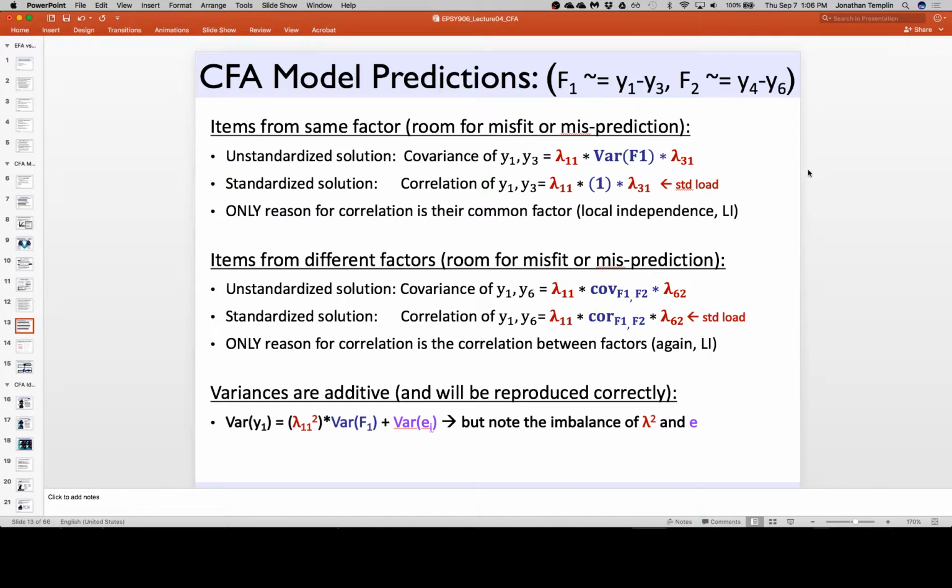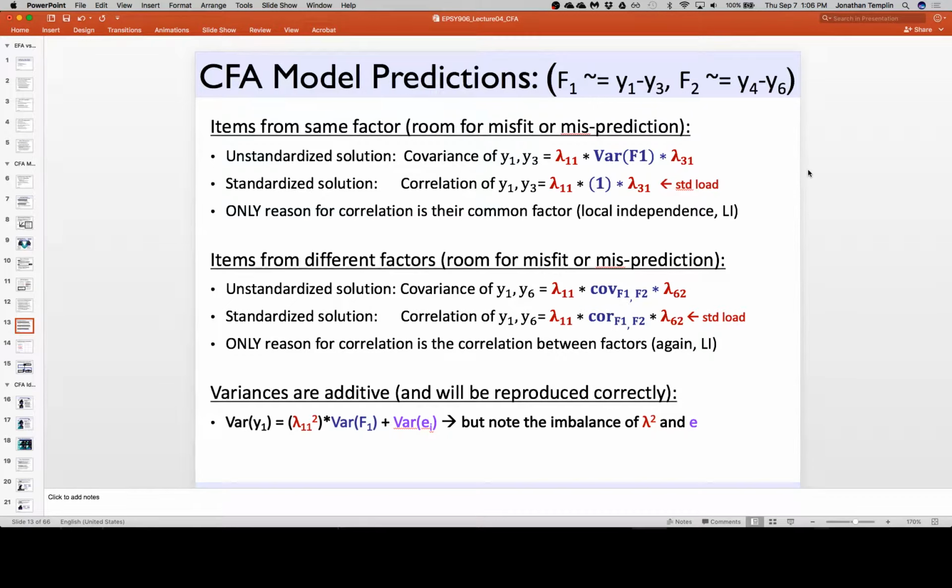Okay, when you say if the model is accurate, there is a predictive range here. This is exactly why it works this way, because CFA is going to say this is the structure we're expecting to find. If you say there are two factors, then I'm going to look at the covariance of Y1 and Y3.